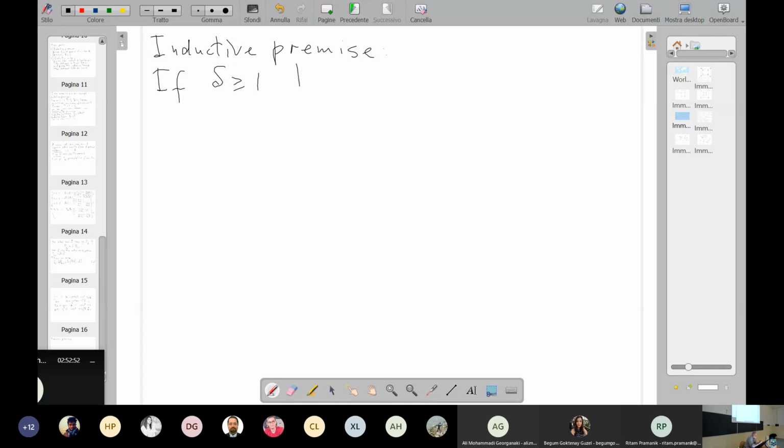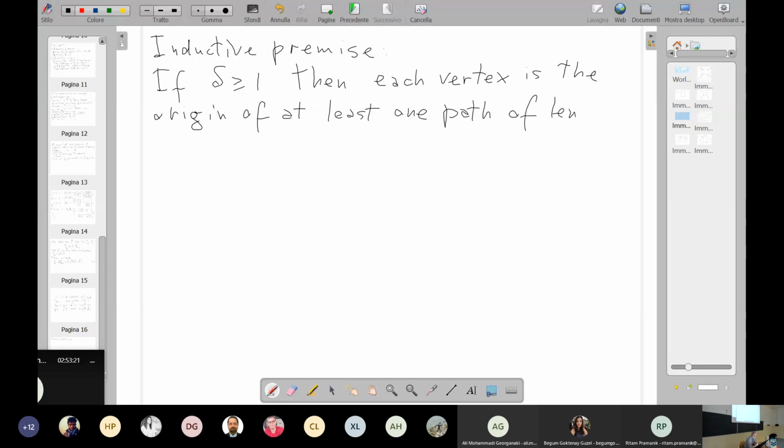For 1, then each vertex is the origin of at least one path of length at least 1. Proof of the inductive premise.